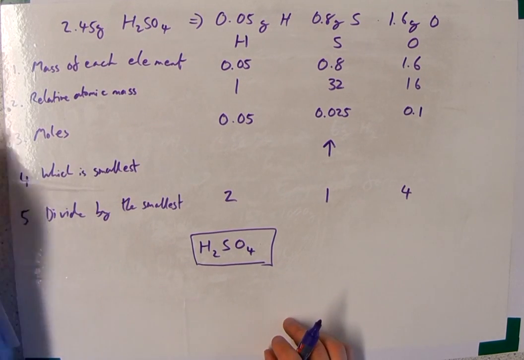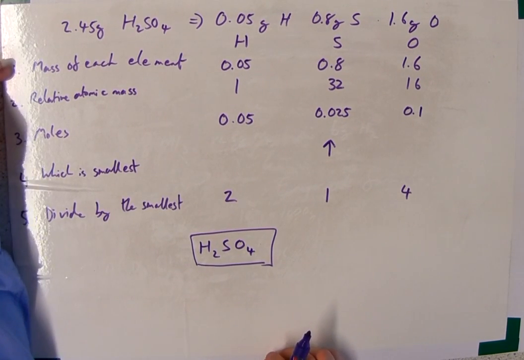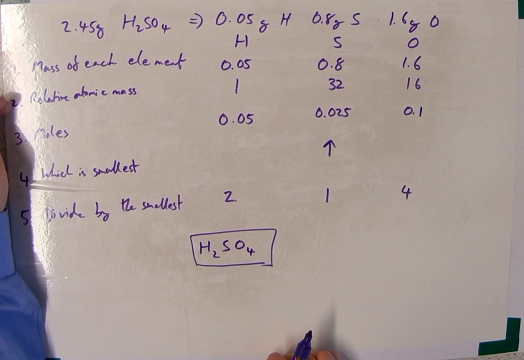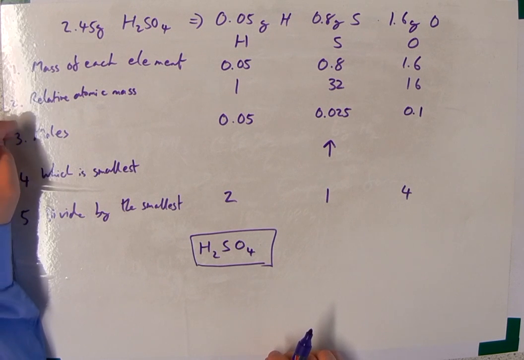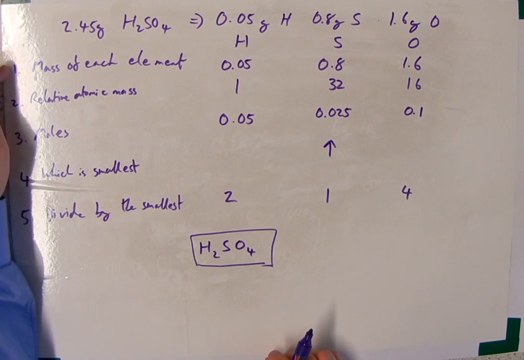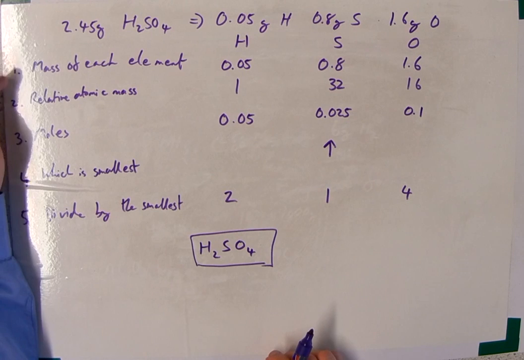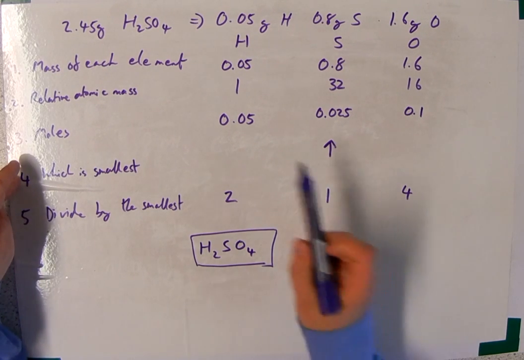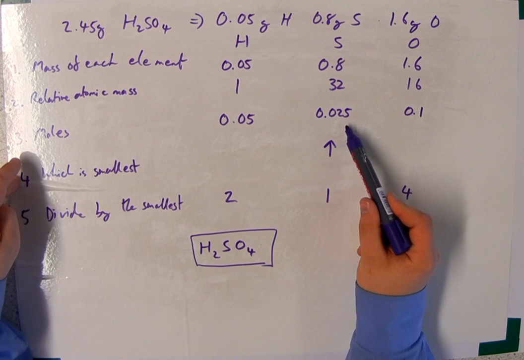So, just to recap, step 1, find out the mass of each element. Use conservation of mass if you need to. Step 2, find out the relative atomic mass from the periodic table. Step 3, moles is mass divided by atomic mass. Step 4, identify the one that's smallest.